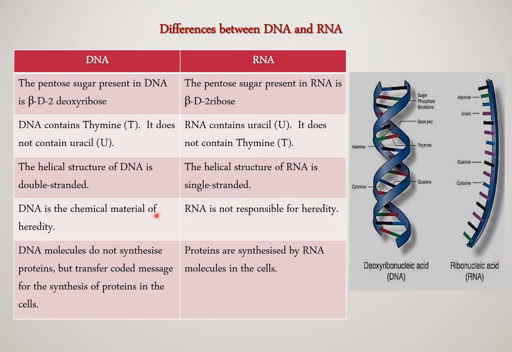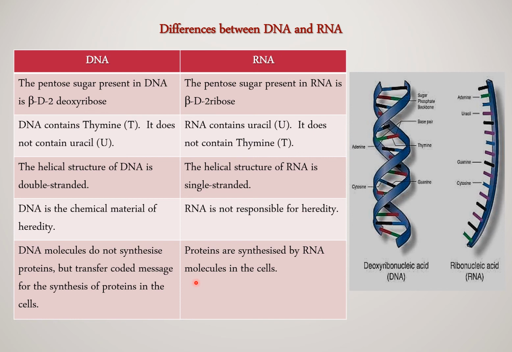DNA is necessary for the transmission of the hereditary characteristics, hence it is the chemical material of heredity. But RNA is not responsible for this transmission of characteristics through heredity. DNA molecules cannot and do not synthesize proteins, but they only transfer the coded message for the synthesis of proteins in the cells, whereas the proteins are synthesized by the RNA.